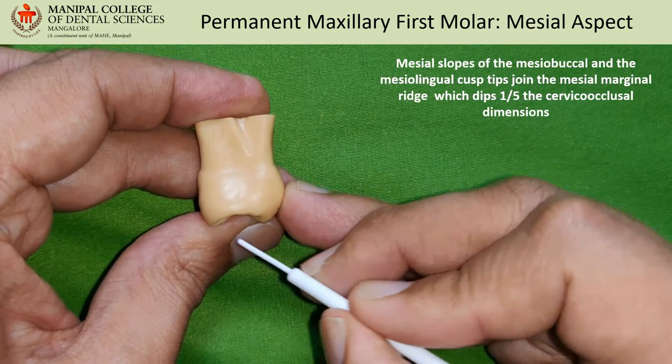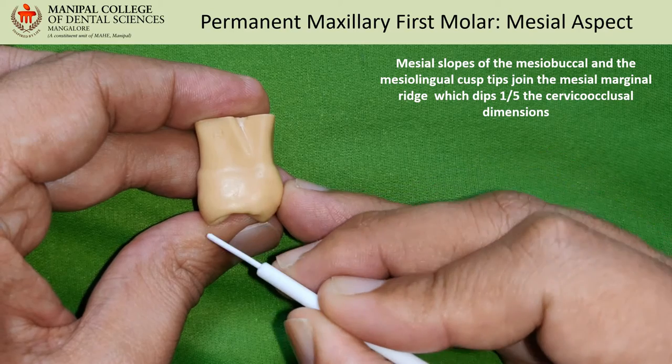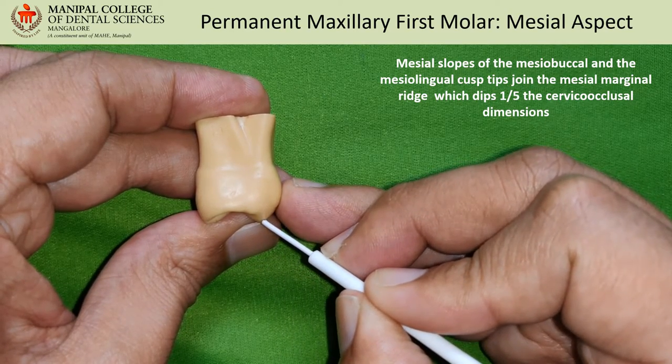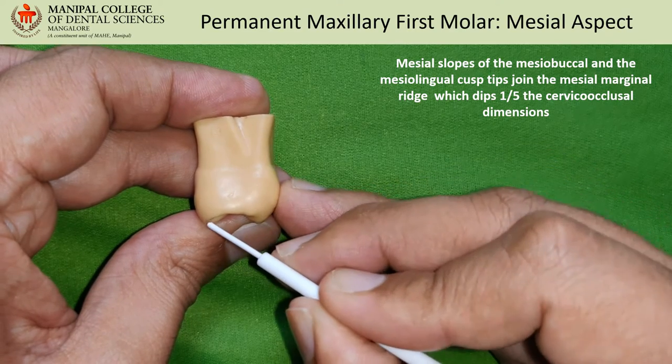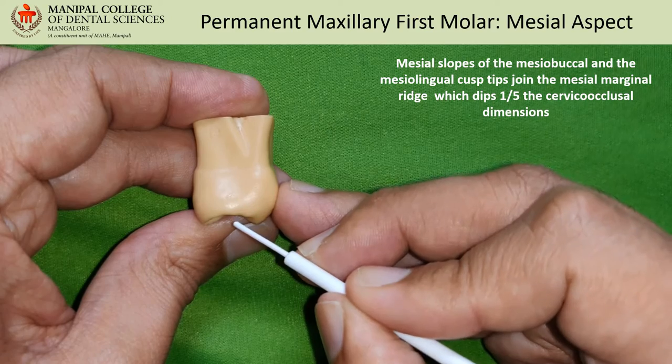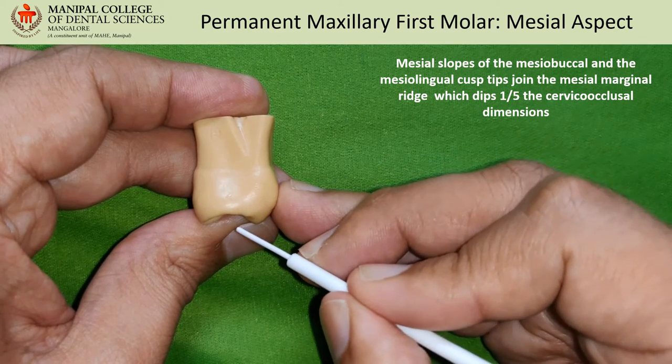The buccal and the lingual cusp have the mesial slopes in continuation with that of the mesial marginal ridge. This mesial marginal ridge dips towards the cervix roughly 1/5 the cervico-occlusal width.